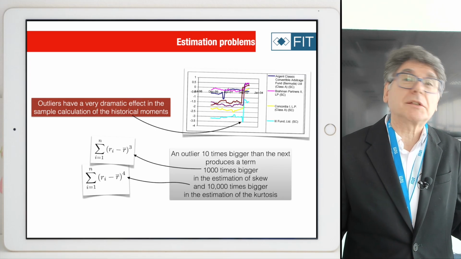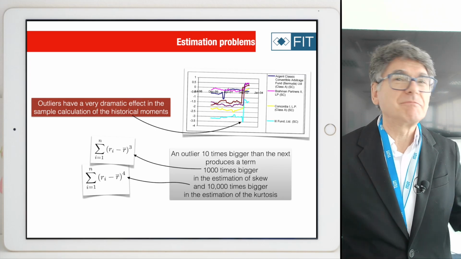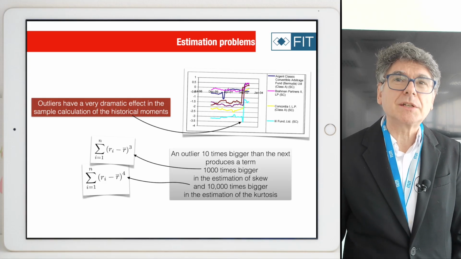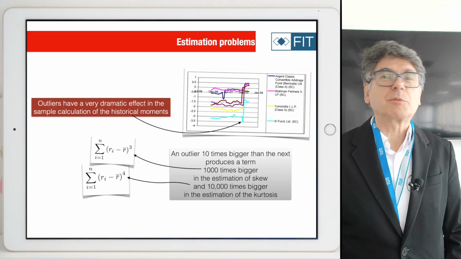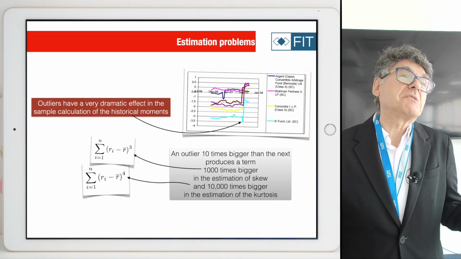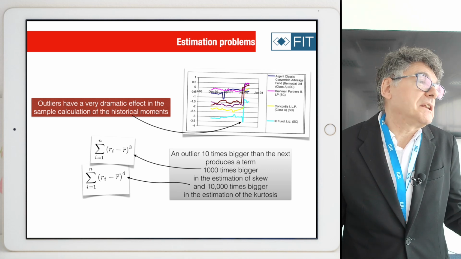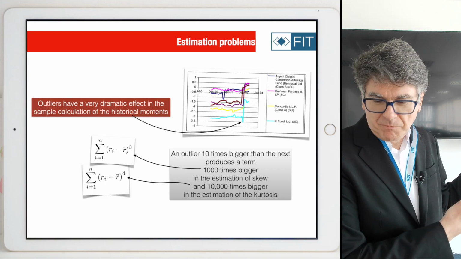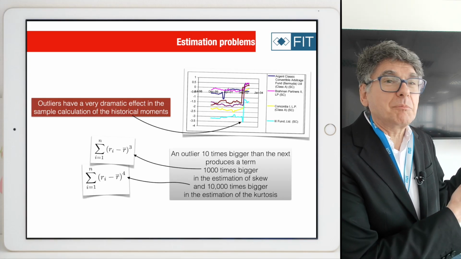There was no Facebook at the time, so before Facebook, what they did is they did mathematical formulas. I didn't say that you should never use them. I'm just trying to alert you that they have a very big problem.